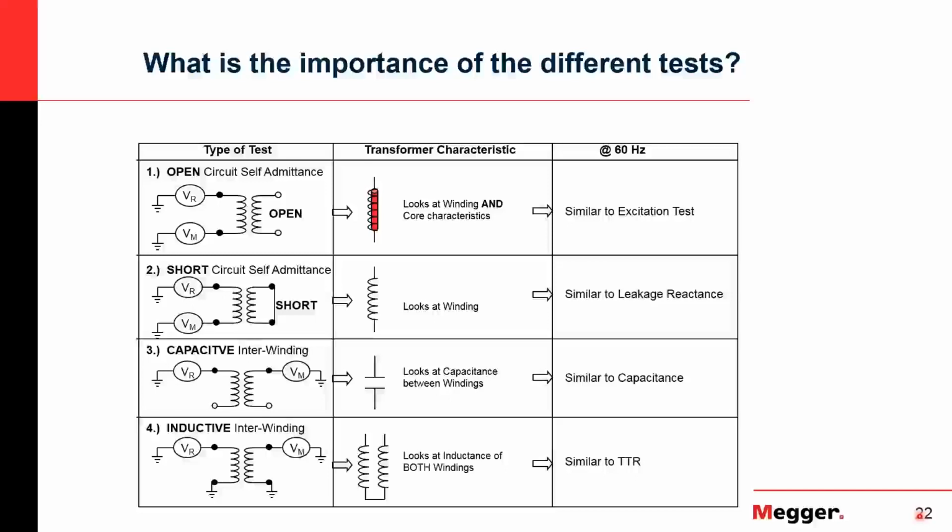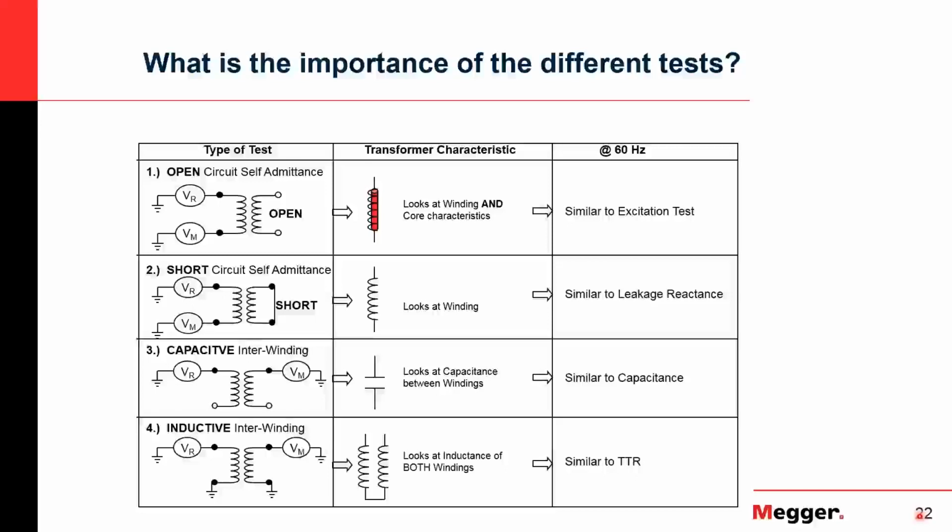This is looking at the windings and the core characteristics, but it's similar to the excitation test you would do with a power factor test set, where you're just seeing how much current it takes to excite that winding. But now, instead of doing it at a high voltage at one frequency, we're doing it at a low voltage at a wide range of frequencies.